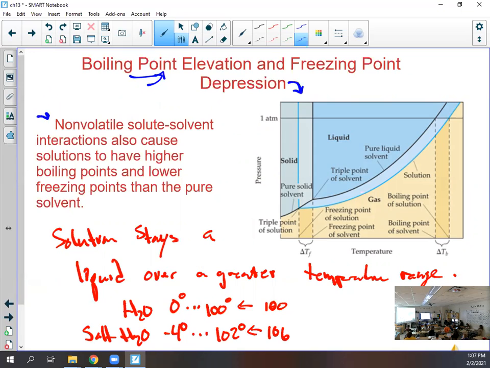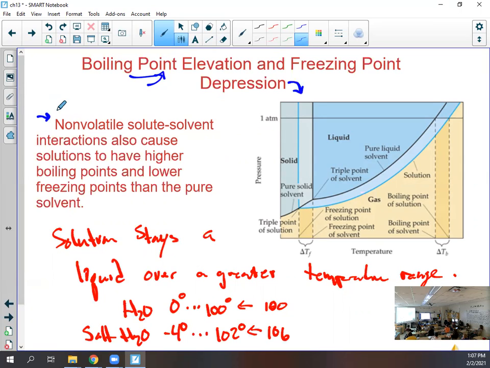So non-volatile solute-solvent interactions also cause solutions to have higher boiling points and lower freezing points than pure solvents. What I mean by non-volatile is things that don't evaporate. Like if I poured ethanol into water, the ethanol would just float on top and evaporate quick. It wouldn't really mix in the first place.